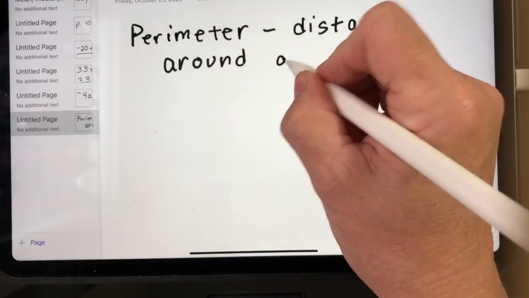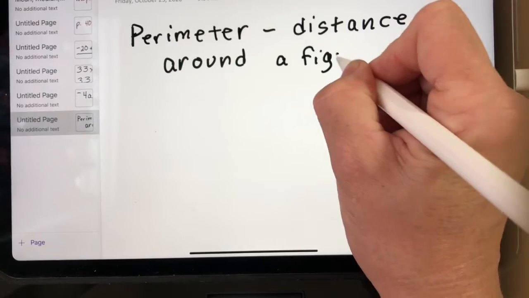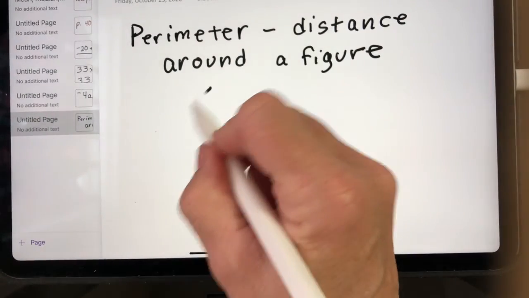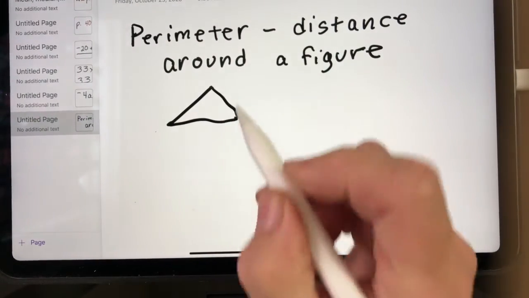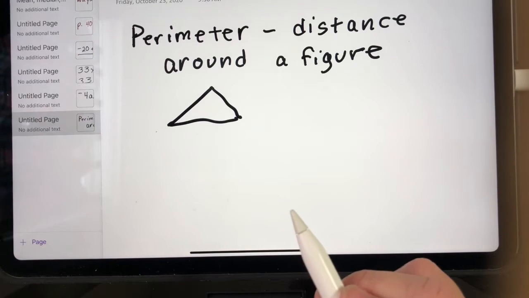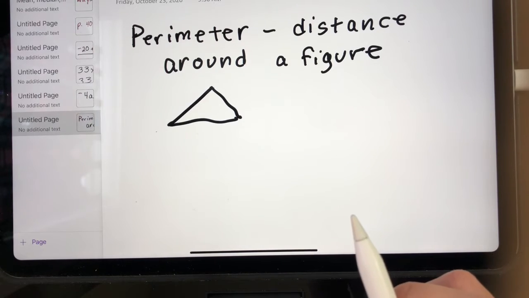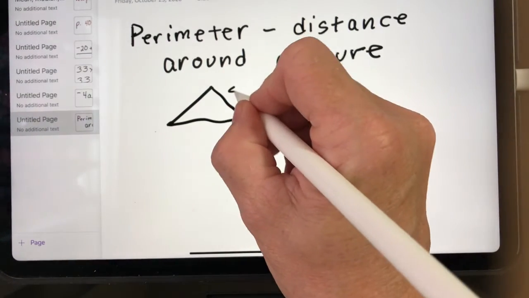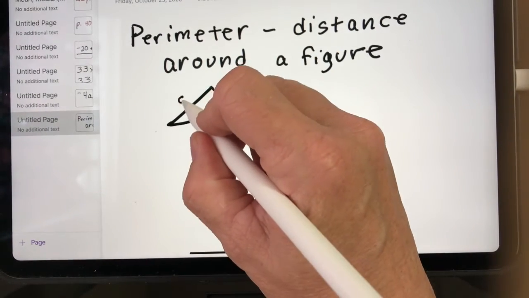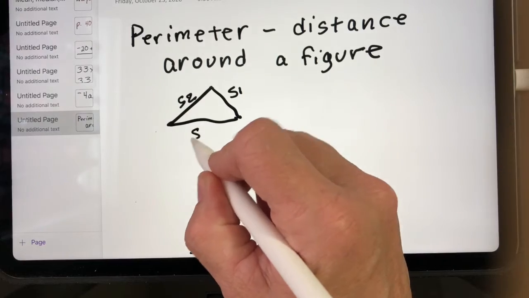If you have 3 sides for a triangle, how will you get the perimeter? You have to add side 1, side 2, and side 3.